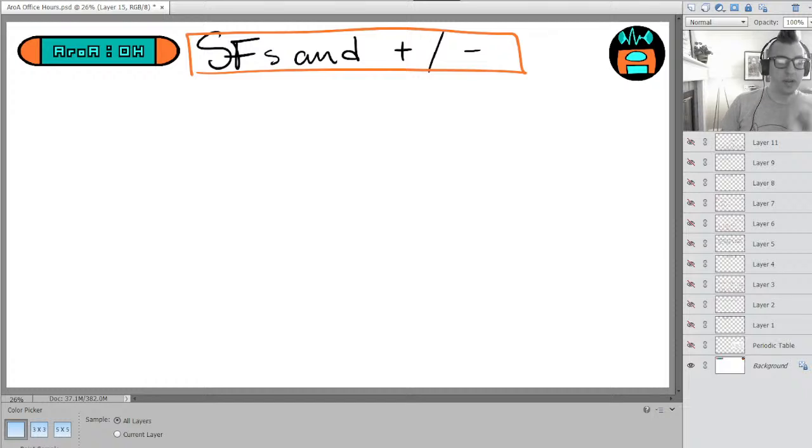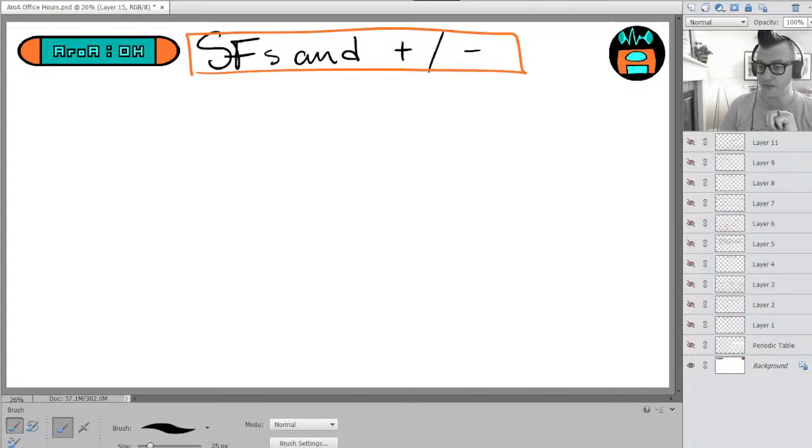So when you look at the rule for addition and subtraction and significant figures, the rule is this.